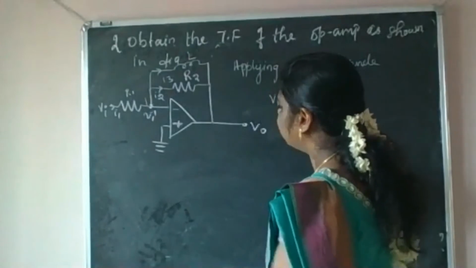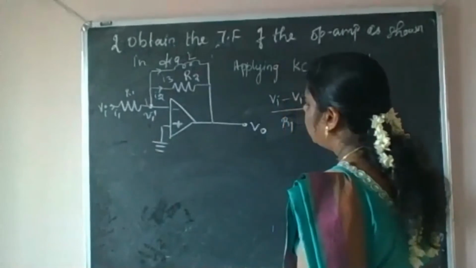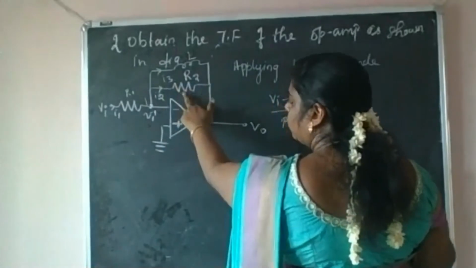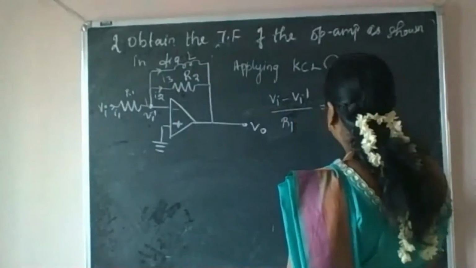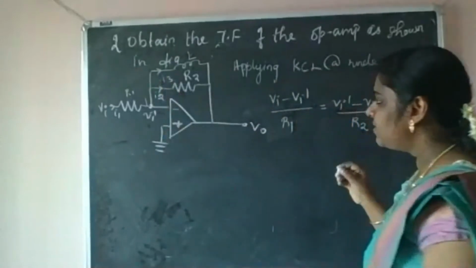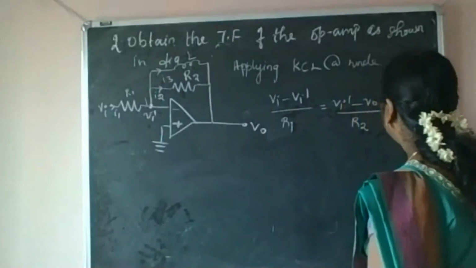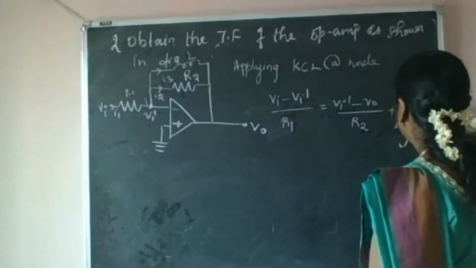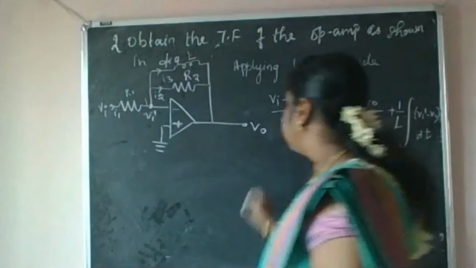we will get (Vi minus Vi dash) divided by R1 will be equal to (Vi dash minus V0) divided by R2, since here we have two branches, first the I2 branch, in series with the I3 branch, plus the inductance, whose current is equal to 1 by L into the integral of (Vi dash minus V0) dt.